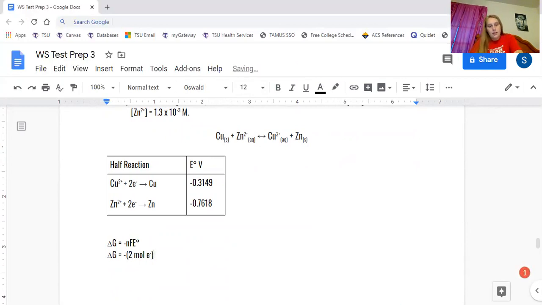Then we're going to have Faraday's constant, which is 96,500 C per mole e minus.